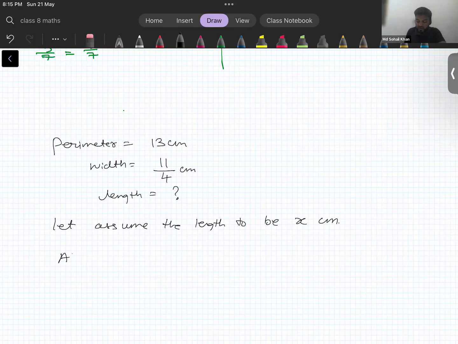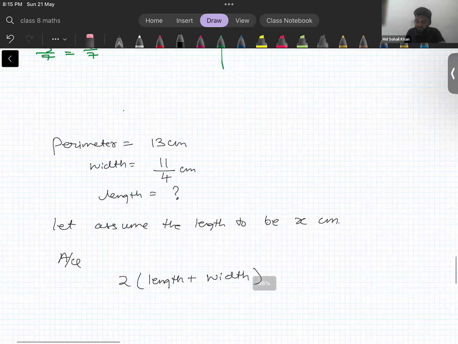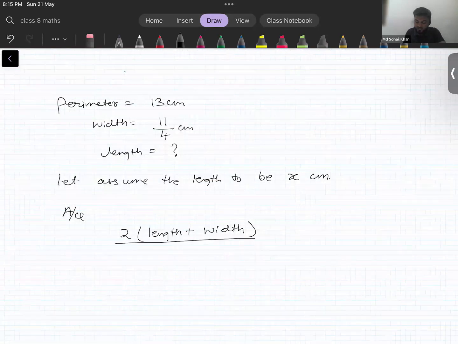Now, according to the question, perimeter given is 13 centimeter. What is the formula to find the perimeter? 2 multiplied length plus width. Okay. Yes, sir. So which according to question is equal to how much? This is basically the formula to find perimeter.